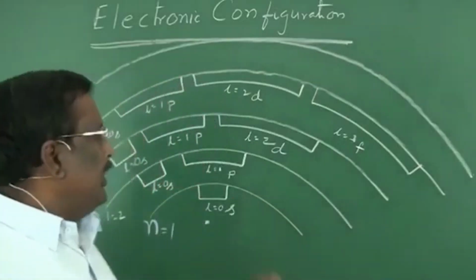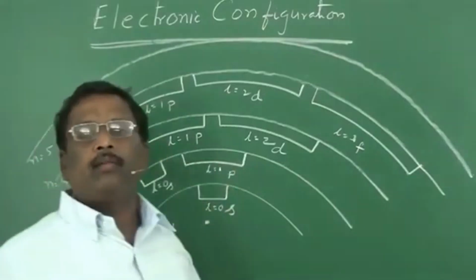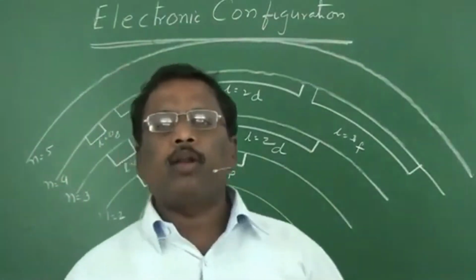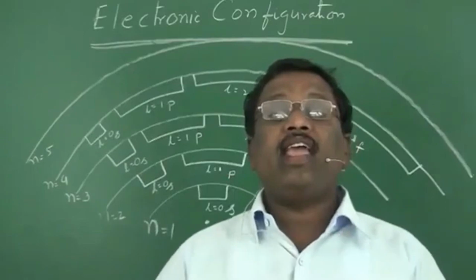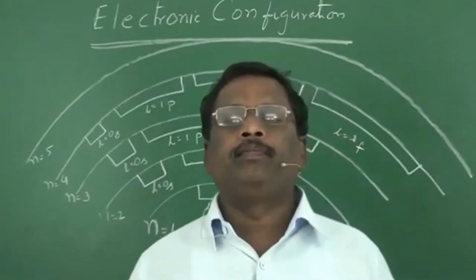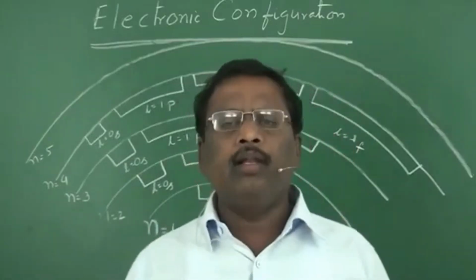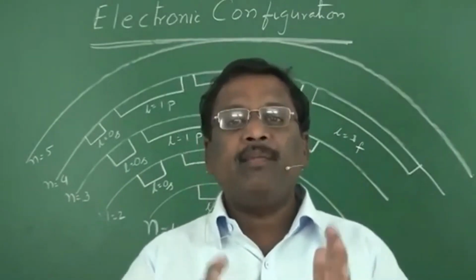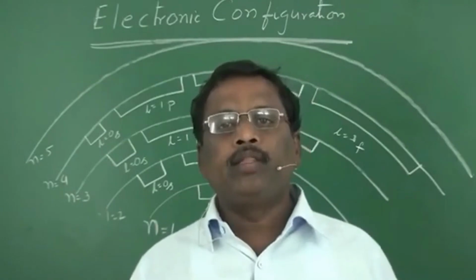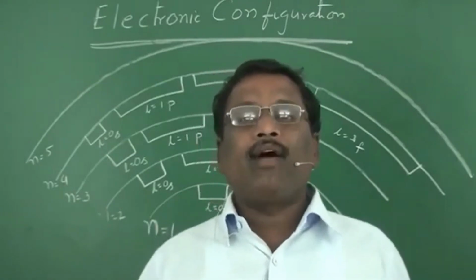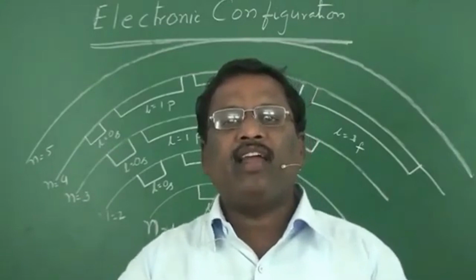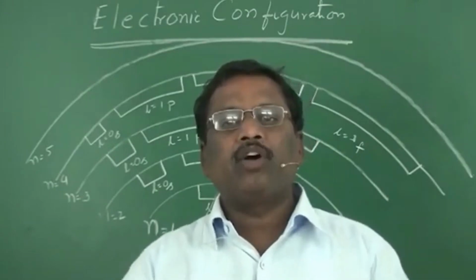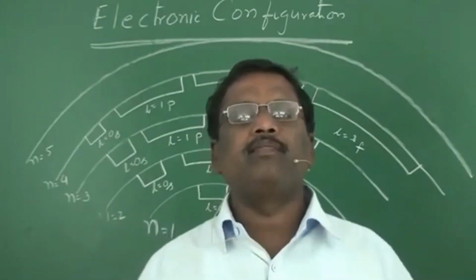Now, in each sub-energy level, there are certain orbitals with the same energy. That's why we are not getting further fine lines, because their energy is the same.